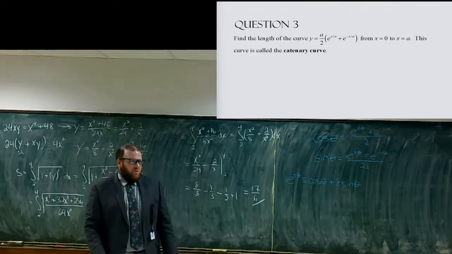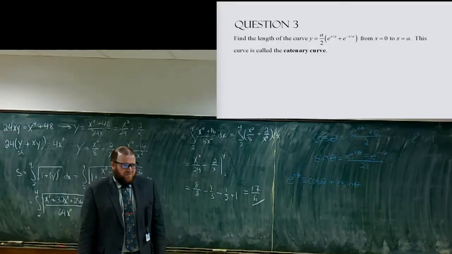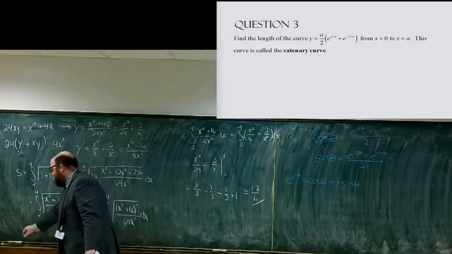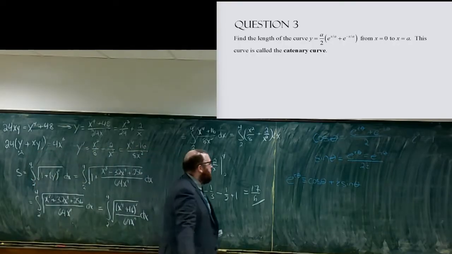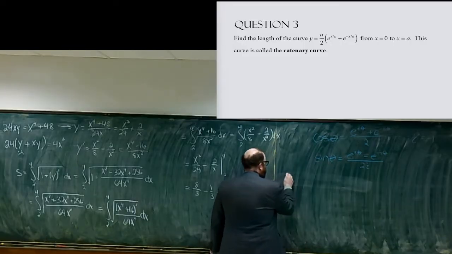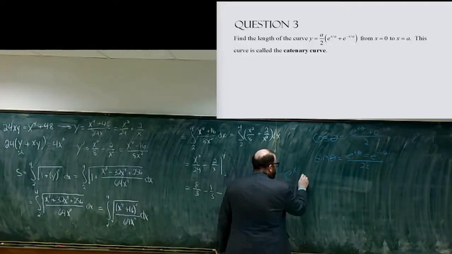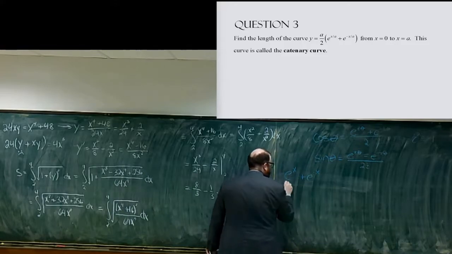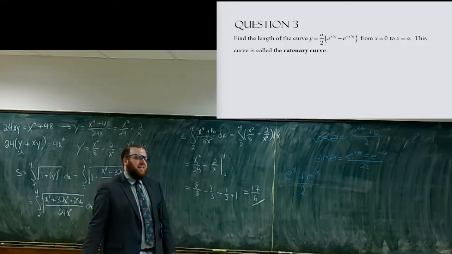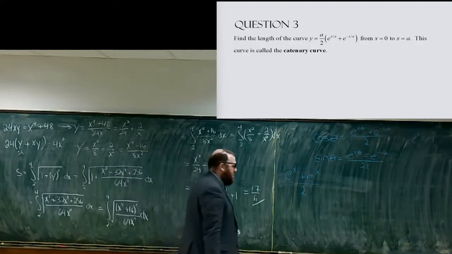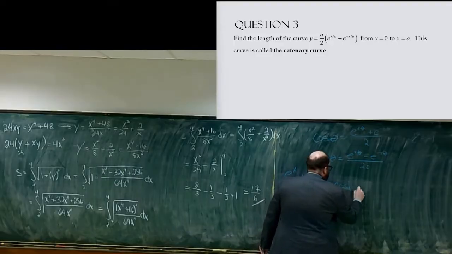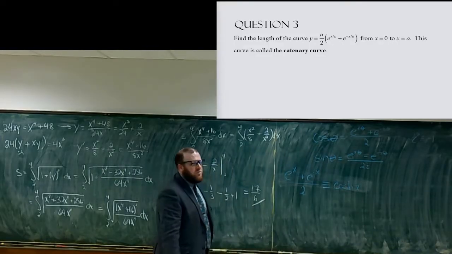They're called the hyperbolic trig functions. E to the x plus e to the minus x over 2, we call that the hyperbolic cosine.